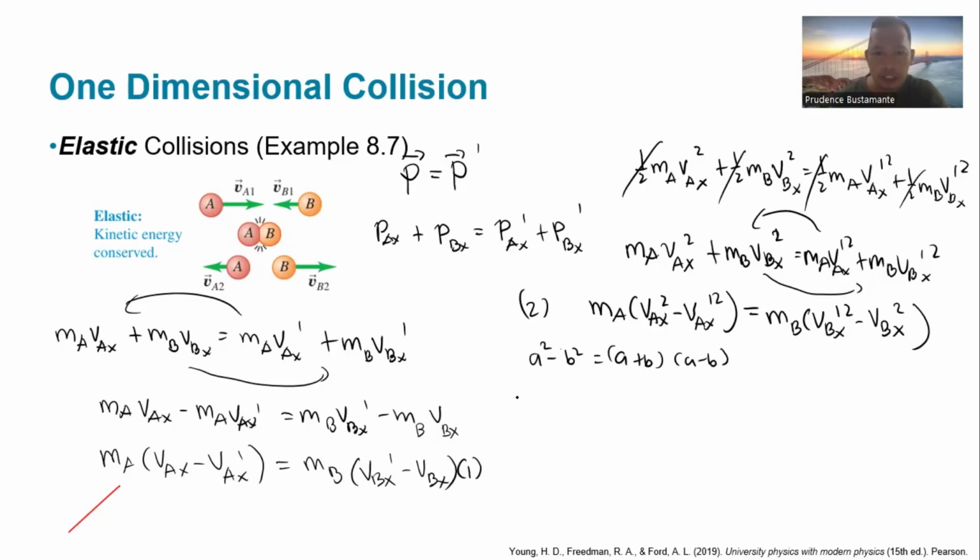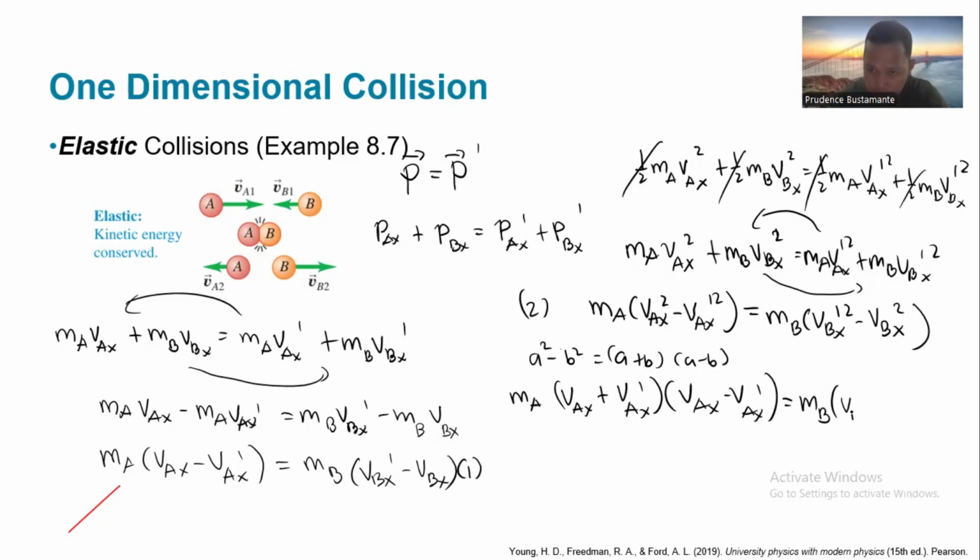So this term will become MA times VAX plus VAX prime times VAX minus VAX prime, and MB times VBX prime plus VBX times VBX prime minus VBX.